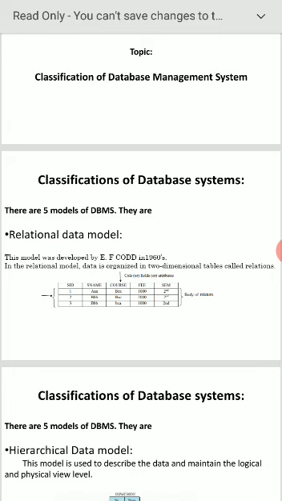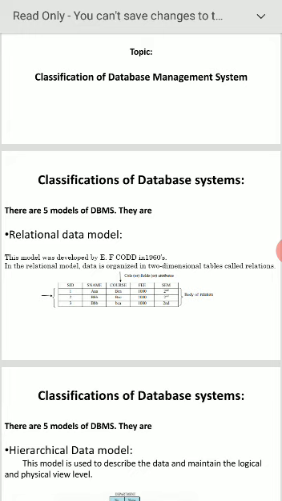A table is a combination of unnamed rows and named columns. It is a collection of records. You know that a row is nothing but a record, and a column is nothing but a field. Rows are also called tuples or records.